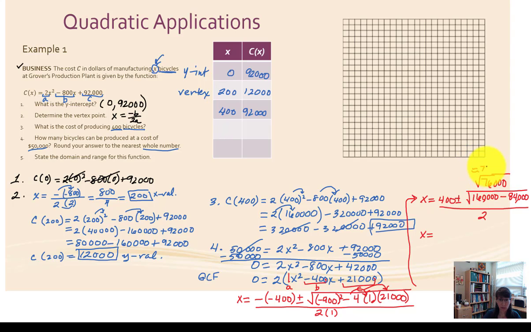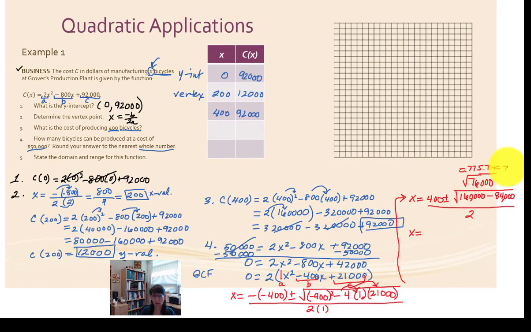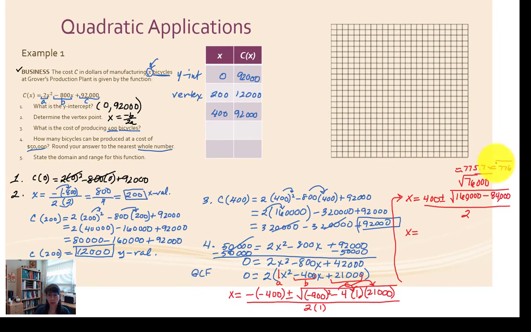It is about 775.7. So I'm going to use 776. Going back to our expression then, x is equal to 400 plus or minus 776, all divided by 2.